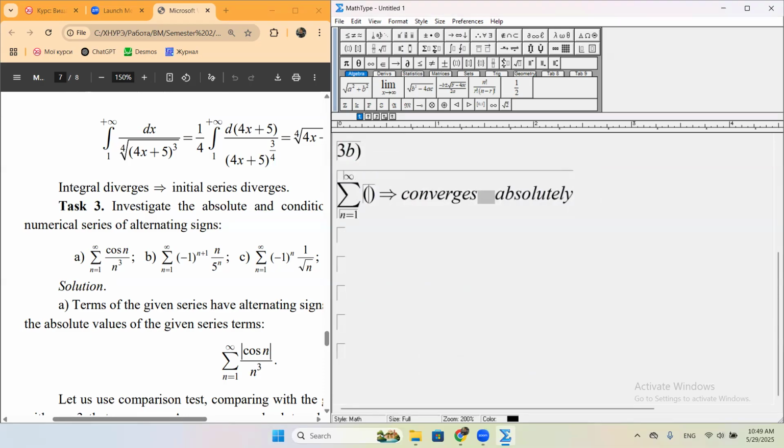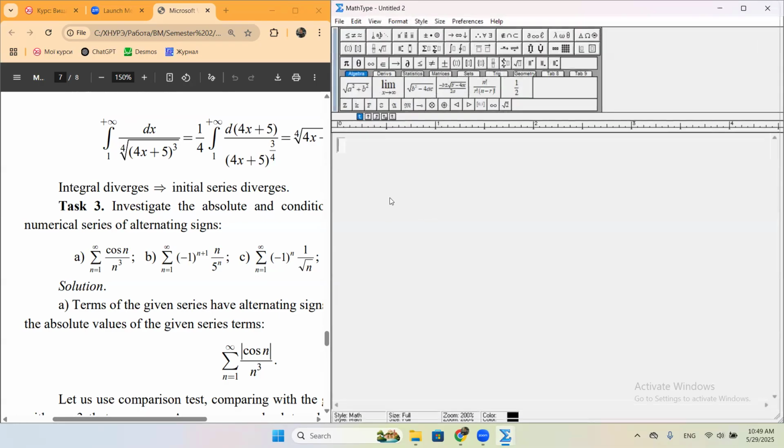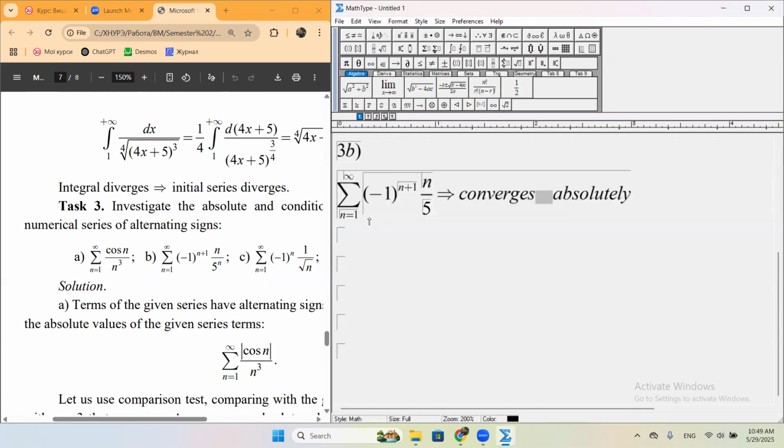So here we have an alternating series. It means that the signs of this series are changing, just plus one, minus one. What does it mean? For example, if I choose n equal 1, it will be equal 1, so we will have plus.